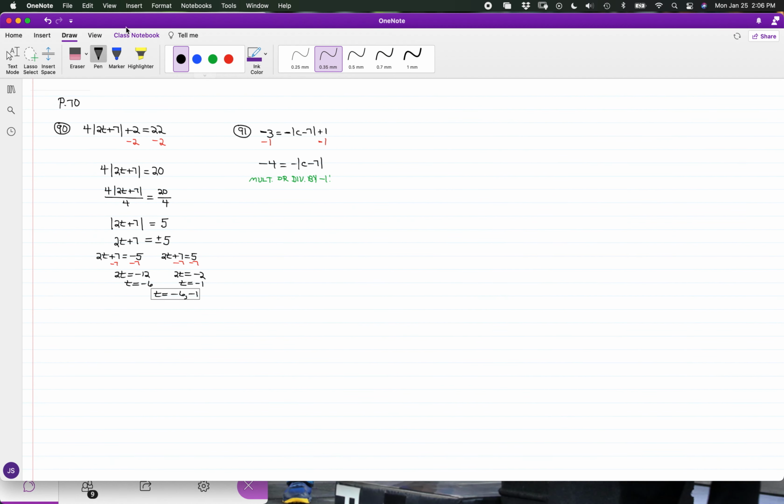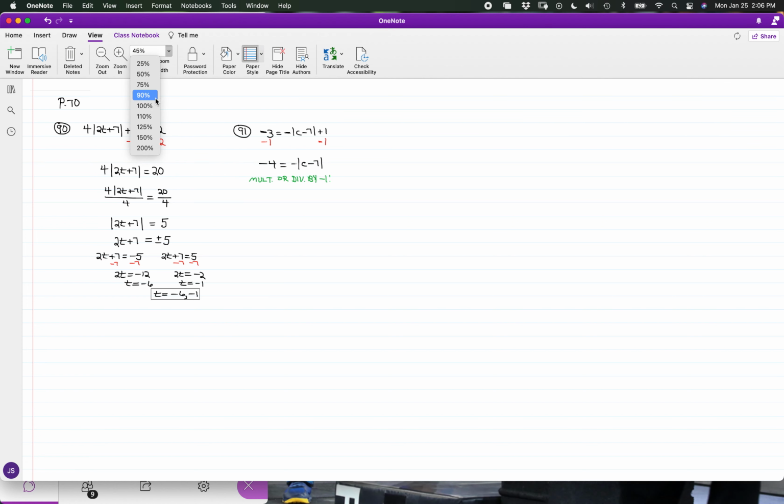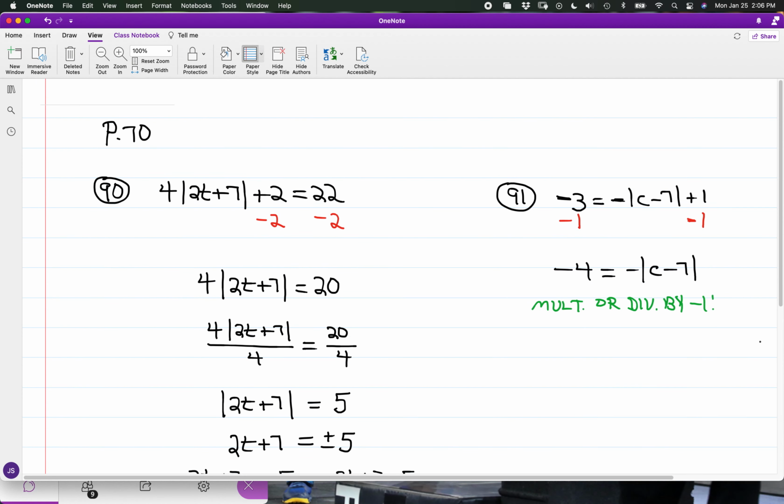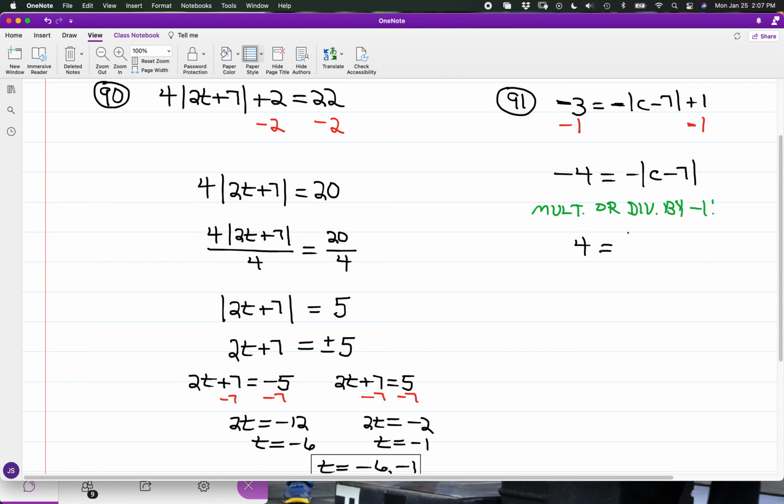So in the rewrite, I have that 4 is equal to the absolute value of c minus 7. And I'm just going to switch the sides here, so I have the absolute value of c minus 7 on the left and 4 on the right.